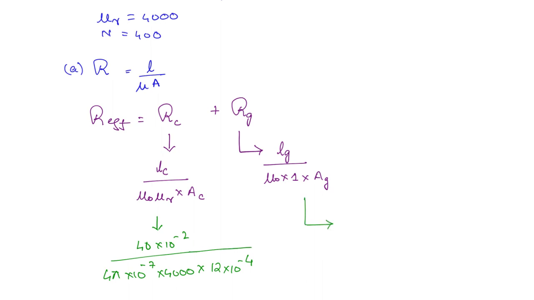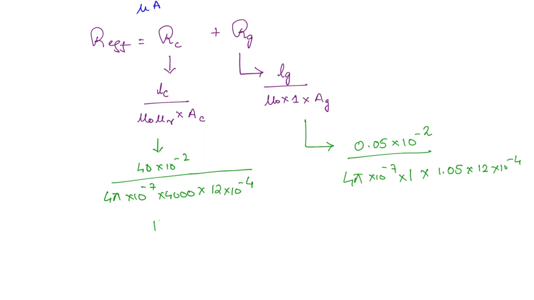And here Lg is given as 0.05 centimeters, so 0.05 into 10 to the power minus 2 divided by 4 pi into 10 to the power minus 7 into 1 into, finally, the Ag, you can write as 1.05 times 12 centimeters squared. If you calculate, the core reluctance you are going to get is 66,314.55.